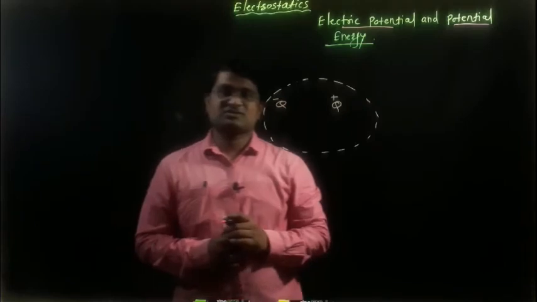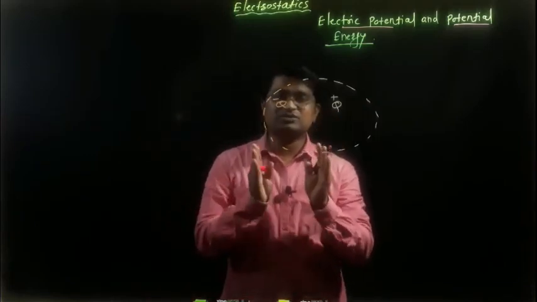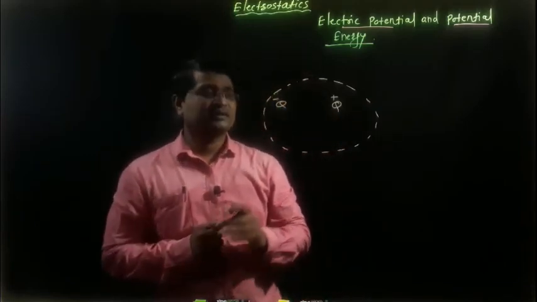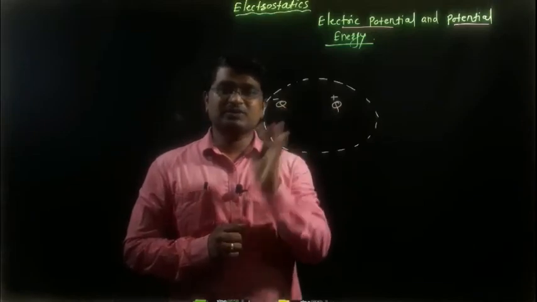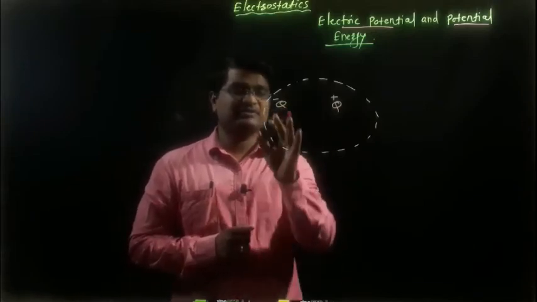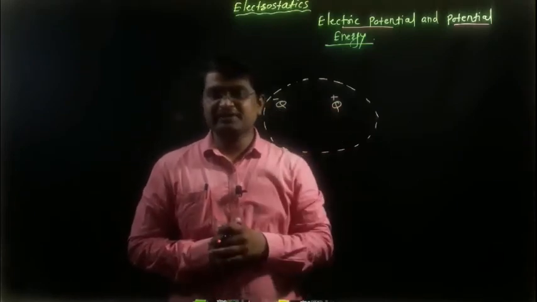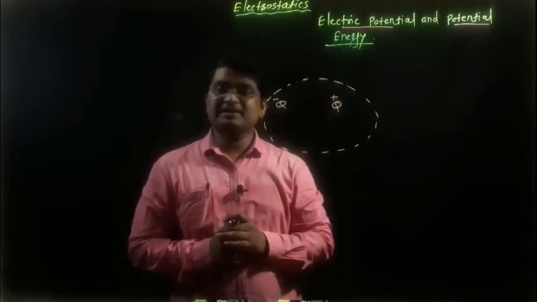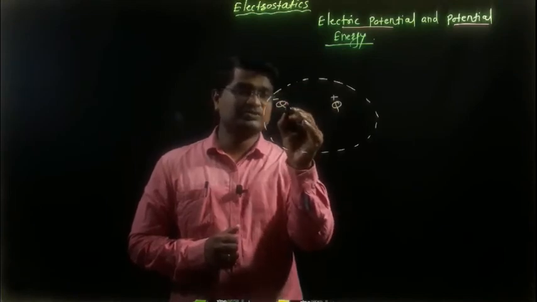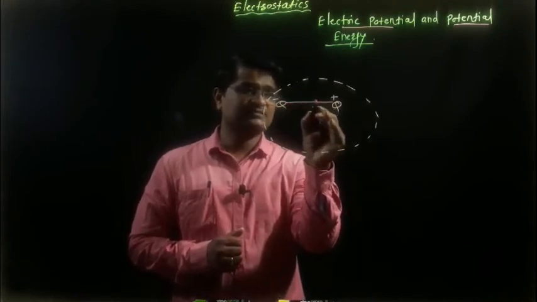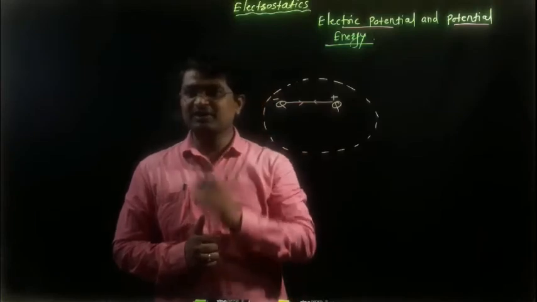There are two charges, and we observe them. According to Coulomb's force, they will attract, because they are unlike charges, one positive and one negative. Unlike charges attract together through a force called Coulomb's force. We already discussed this concept in the last lecture.